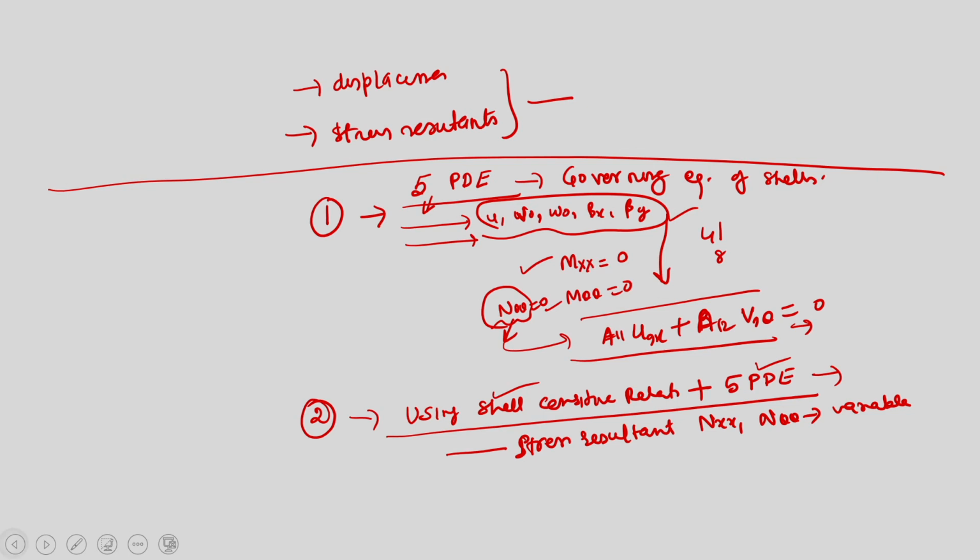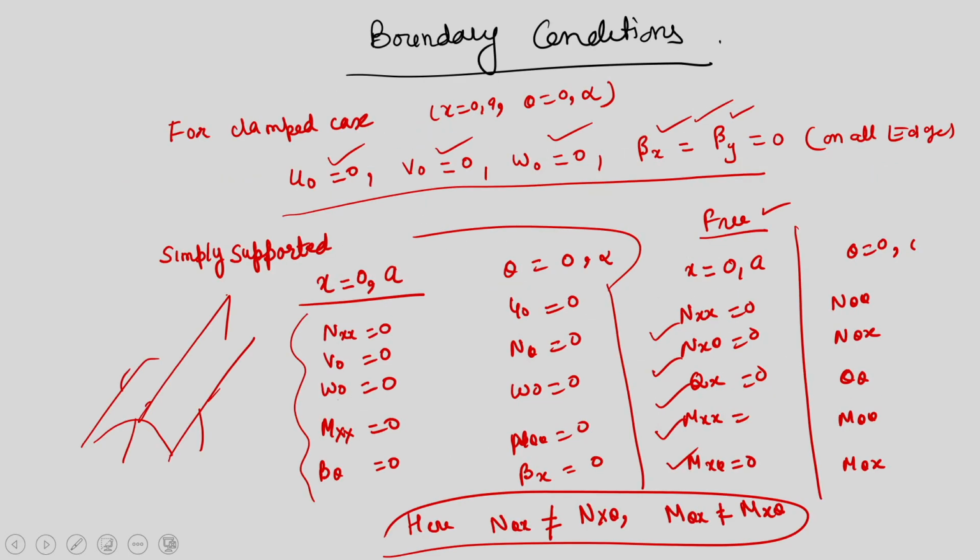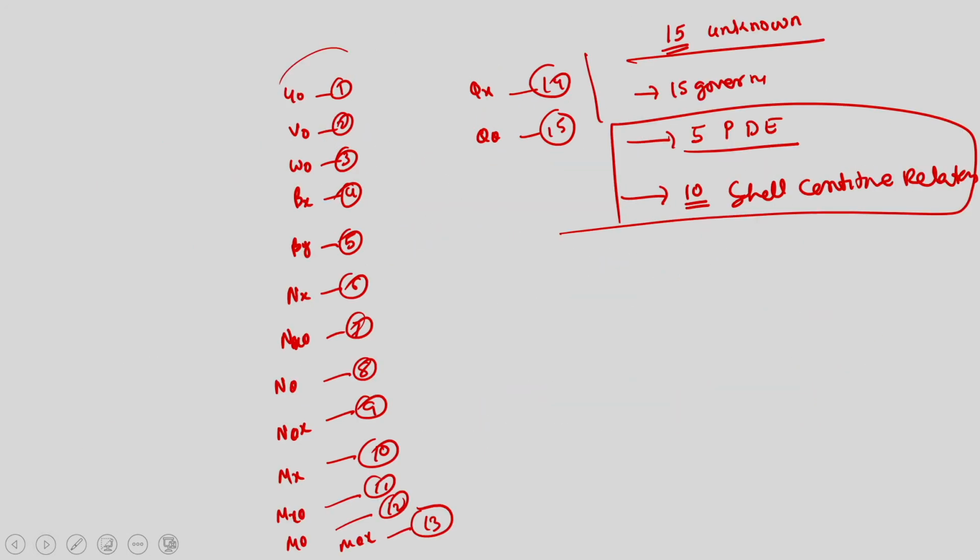Now, you check the boundary conditions. At an edge we can provide 5 if we solve in one direction, and in another edge 10. So, maximum we can solve 10 variables in any one direction, whether you talk about along the x axis or along the theta axis, 0 to alpha.